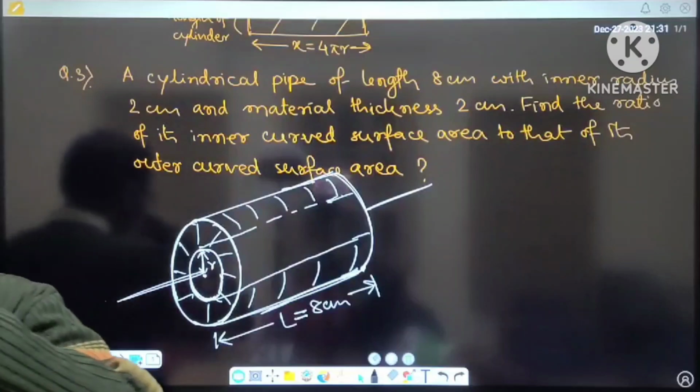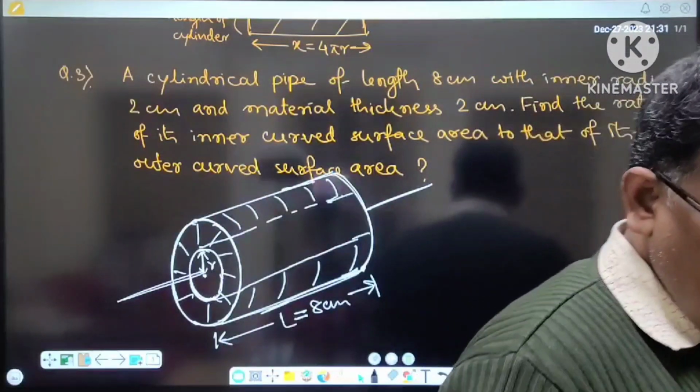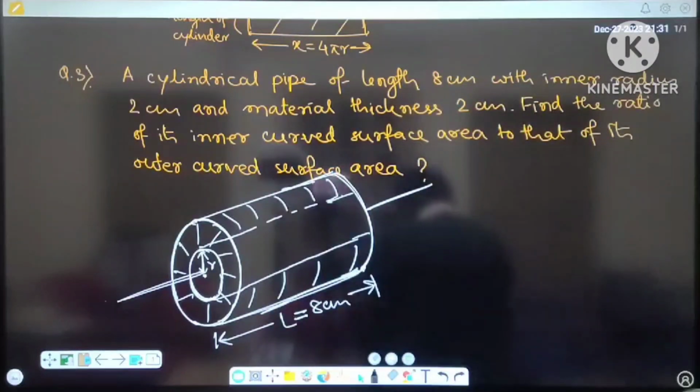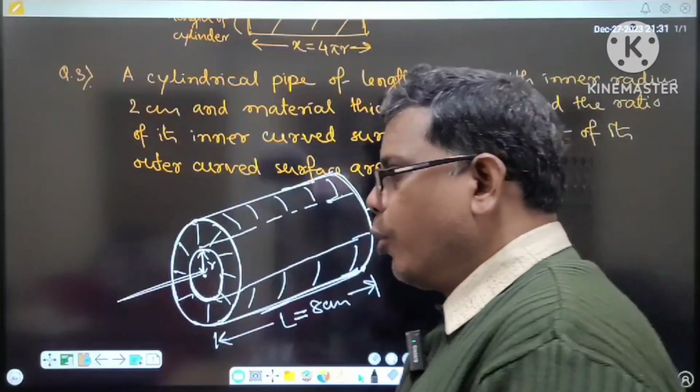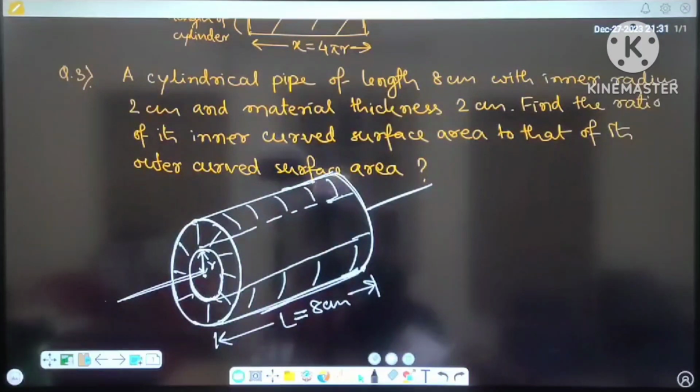Yes, yes, Shanvita, have you done it? What will be the ratio? Do you think that in finding ratio, the length of the cylinder will make any issue? Yes or no?